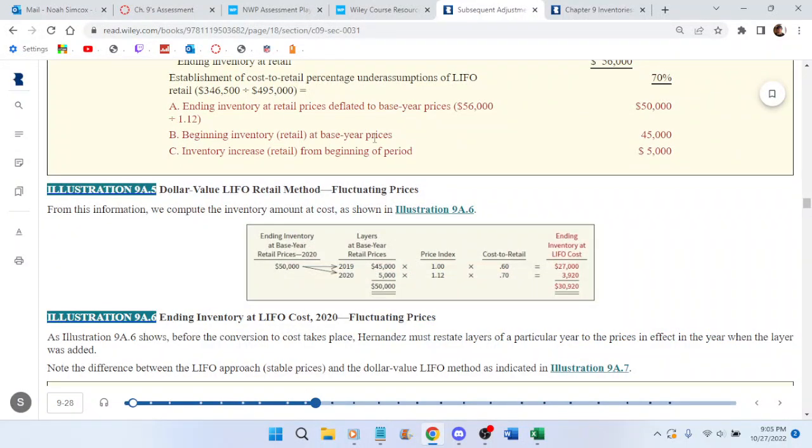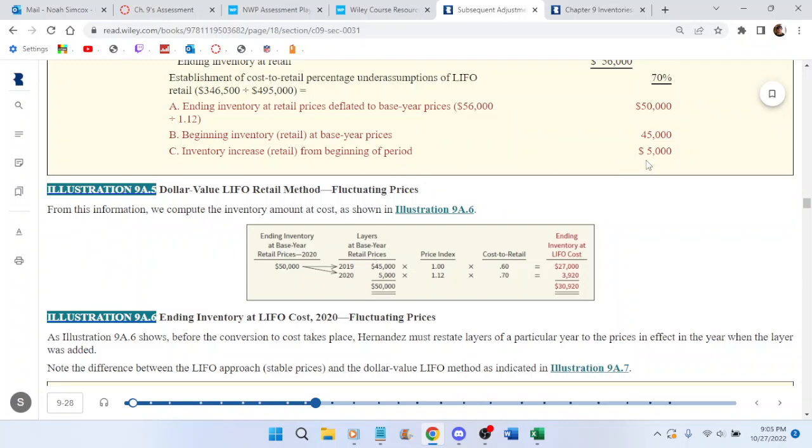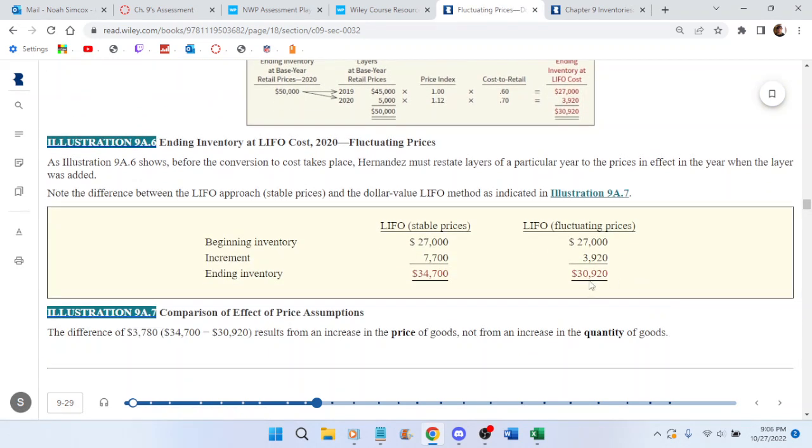Beginning inventory at base year prices. Ending. Now you have an increase of 5,000. So you do 5,000 times the price index times cost to retail equals this, times cost to retail equals this. Add the two to get ending inventory at LIFO cost. That's your final answer, 30,920.